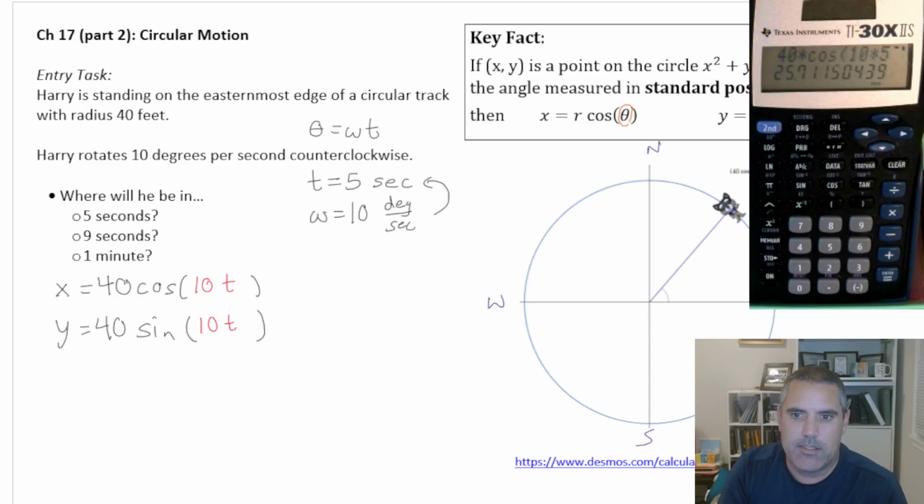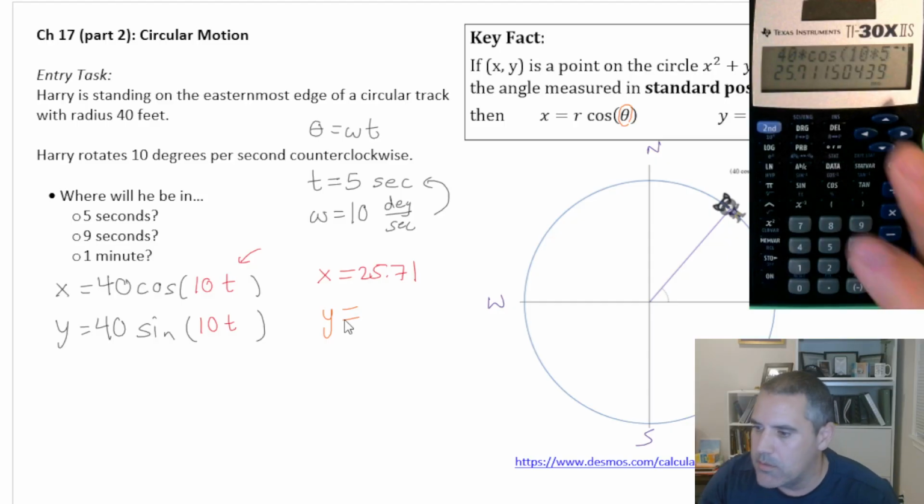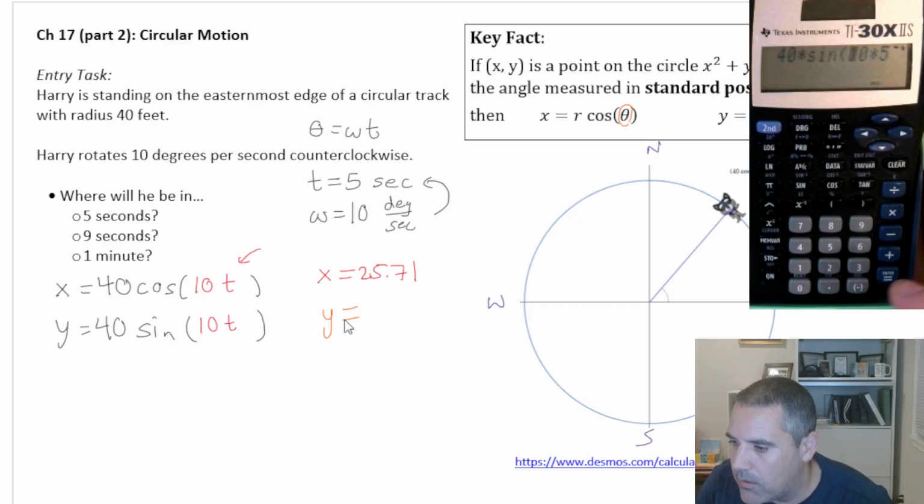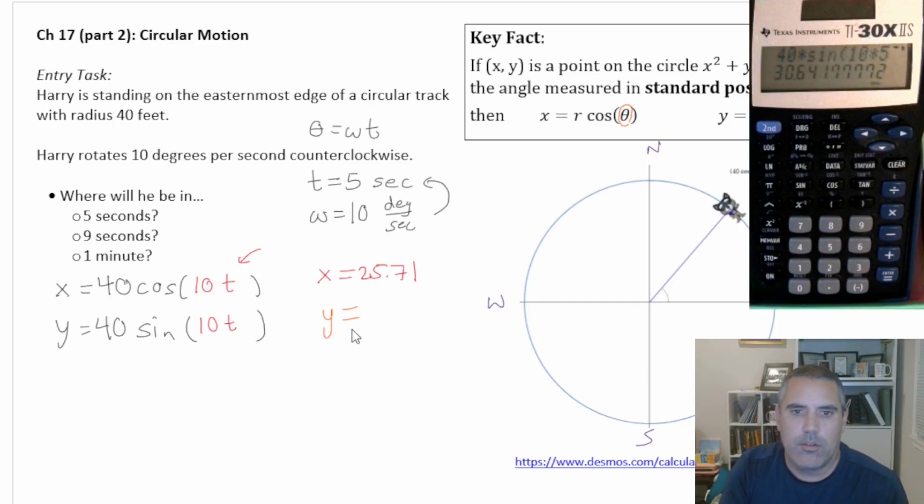So in 5 seconds, when I plug in a 5 here, I get that the x-coordinate is 25.71. And when I plug it into the other one, let's do that. Sine. I get 30.64. That's this location right here.